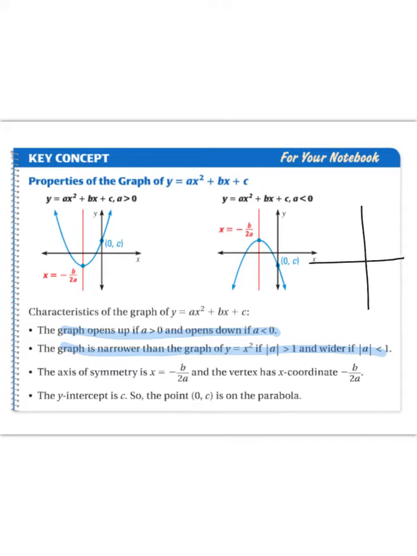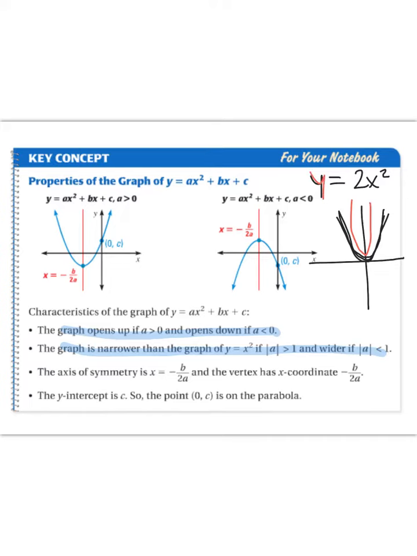Our parent function, y equals x squared, is just our normal parabola, right? That should hit at the vertex. It's saying that if we have a coefficient in front of our x squared, say y equals 2x squared, since 2 is greater than 1, this will be narrower.